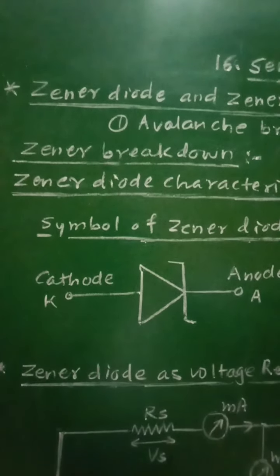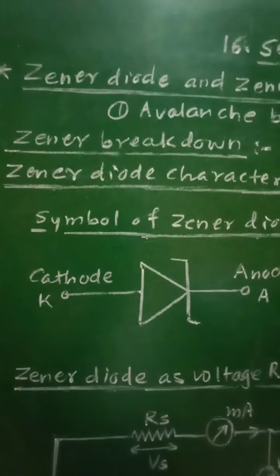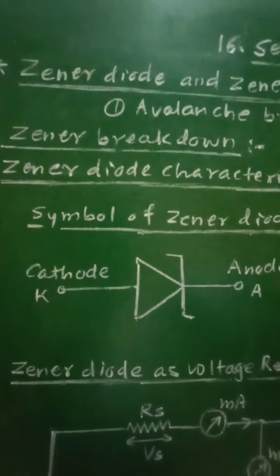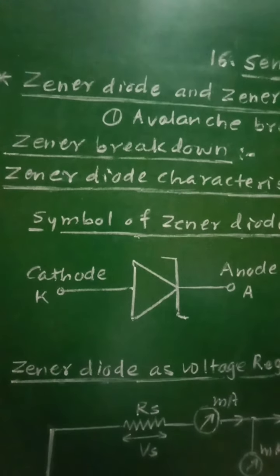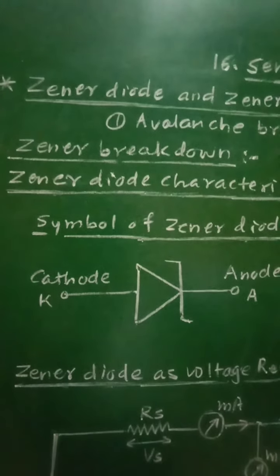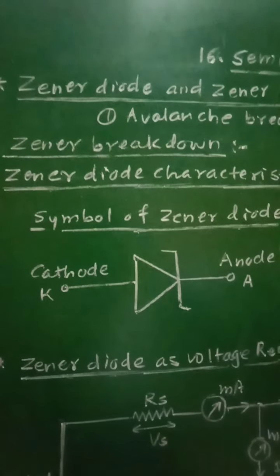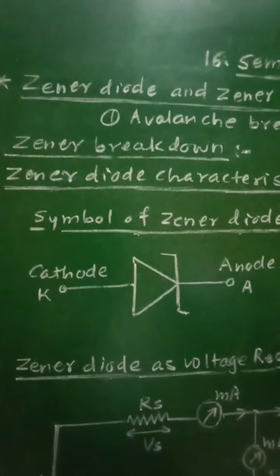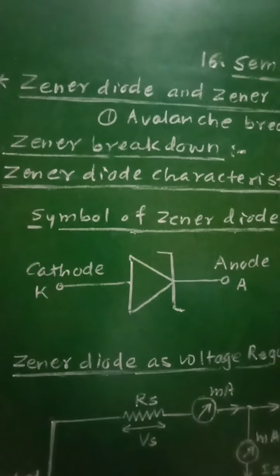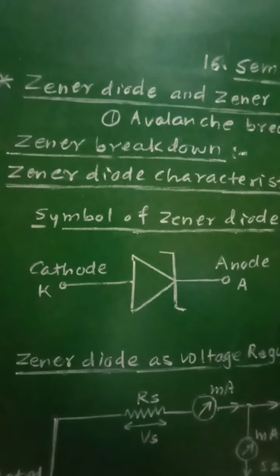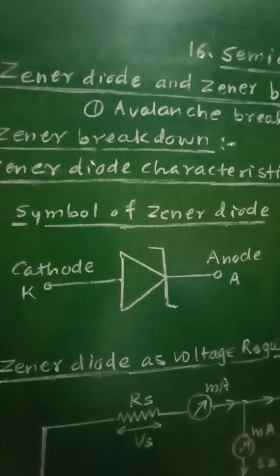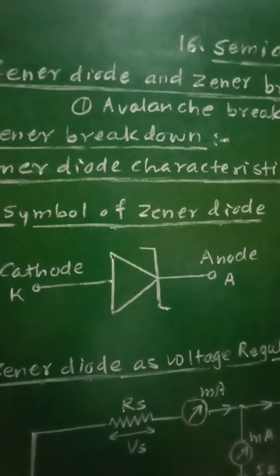Zener breakdown. When the reverse bias voltage across a PN junction diode is increased, the electric field across the PN junction increases. So as the reverse bias voltage across that diode is increased, the electric field across that PN junction increases.